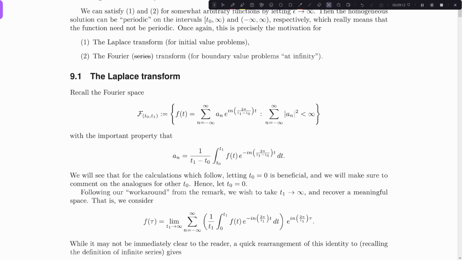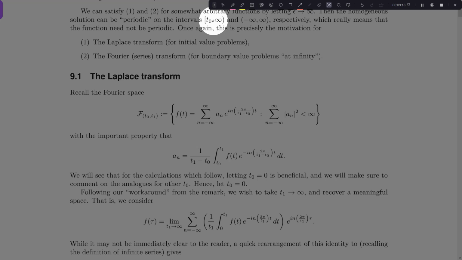Well, what I want to do, according to my remark, is go on this interval t0 to infinity. So somehow I want to take the limit as t1 goes to infinity, and I have to take that limit right here, right there, right there, and right there.